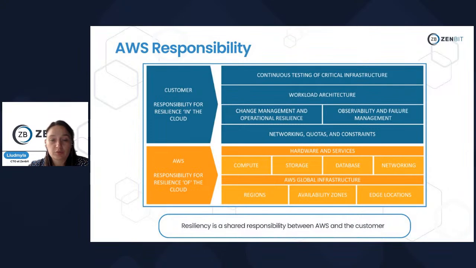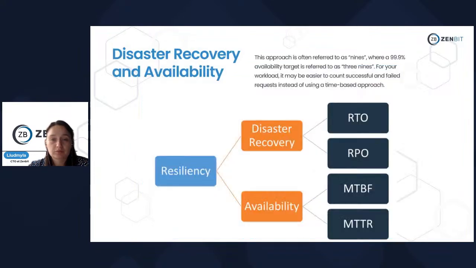What else I want to point out here is maybe disaster recovery and availability. Disaster recovery can be compared to availability, which is another important component of your resiliency strategy.